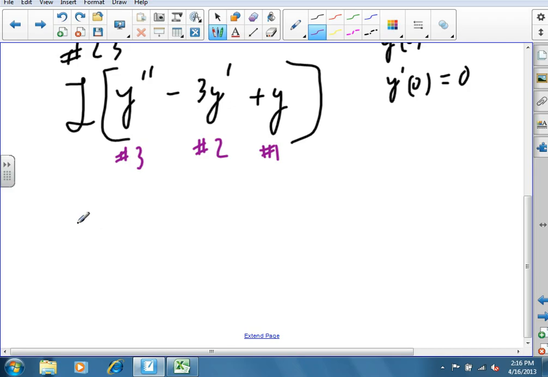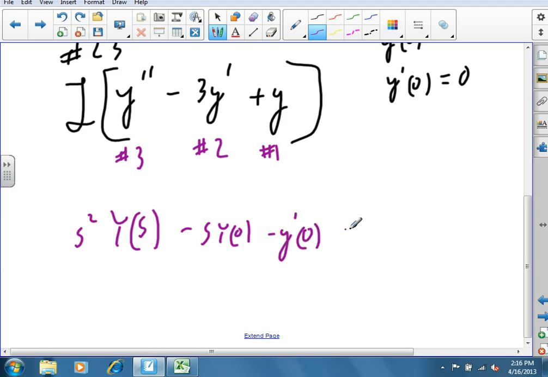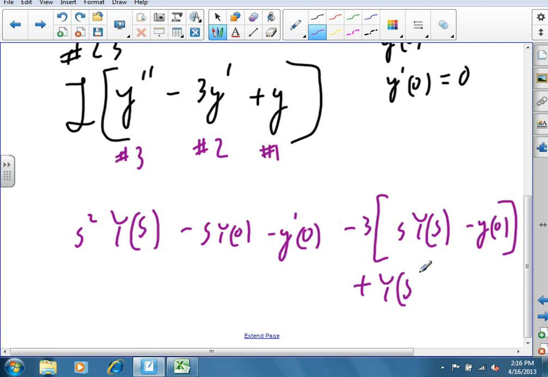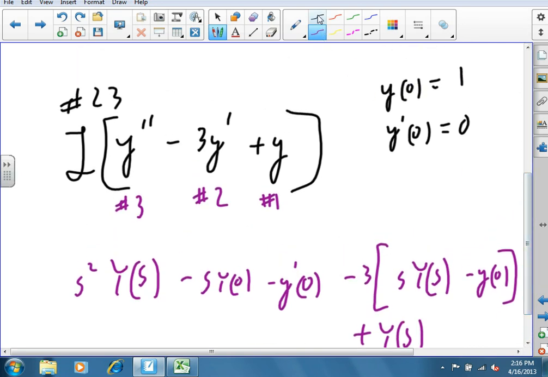All right, so I've got to have s squared Y of s minus s y at 0 minus y prime at 0, minus 3 times (s Y of s minus y at 0), plus Y of s. So that'd be the Laplace transform. I would then put in my initial conditions.